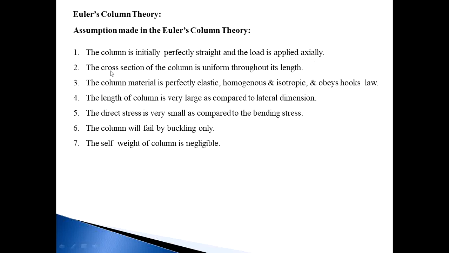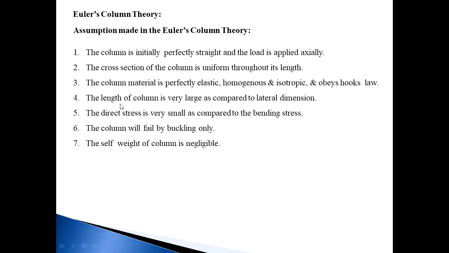Second, the cross section of the column is uniform throughout its length. This theory is applicable only when the cross section of the column is the same throughout the length. It is not applicable when the column has varying cross-sectional area.